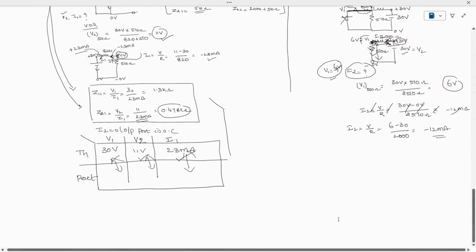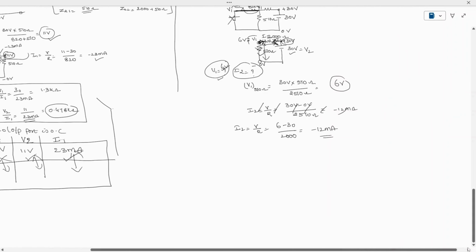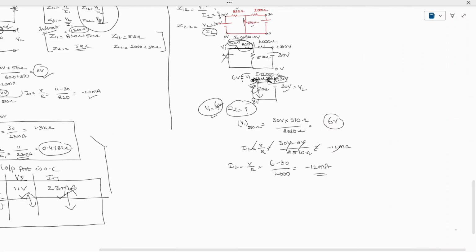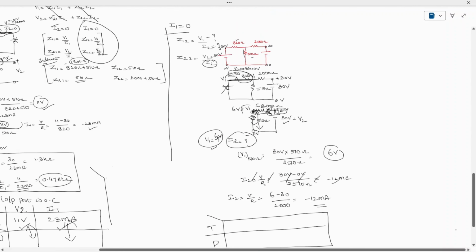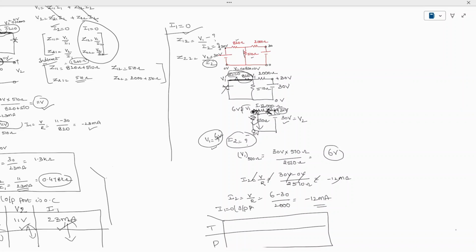And coming to the next section, here also you are going to get a tabular column indicating all the parameters. This is of theoretical values, and this is of practical values. Here what we are making 0 is I1 equal to 0. What is the meaning of I1 equal to 0? It means the input port is open circuited.